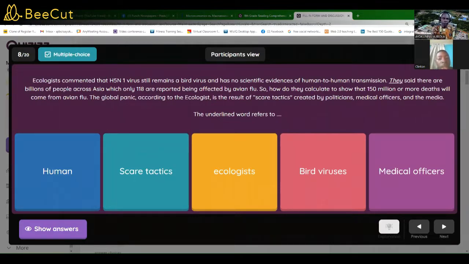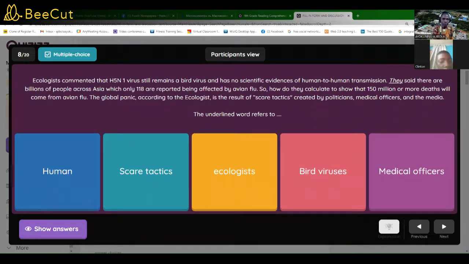They said there are billions of people across Asia, of which only 118 are reported being affected by avian flu. So how do they calculate to show that 150 million or more deaths will come from avian flu?